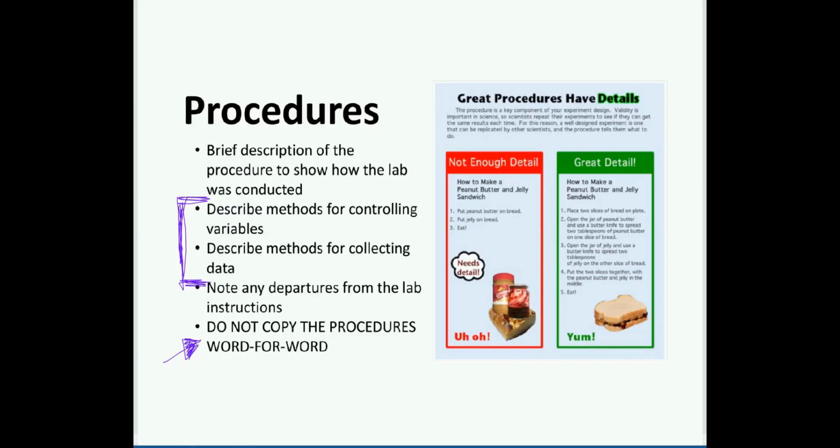Okay. Next one. Okay, the data. So you want to construct data tables and charts to present your data collected. And you need to have a title for all your data tables and charts. And your title should make sense. Okay, so for example, let's say we're collecting data about the growth of a plant.